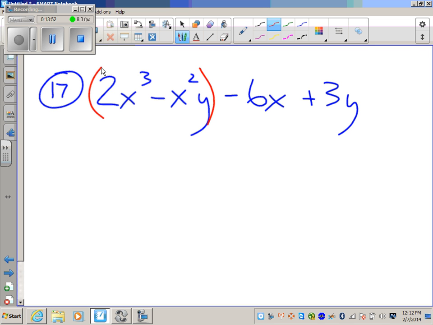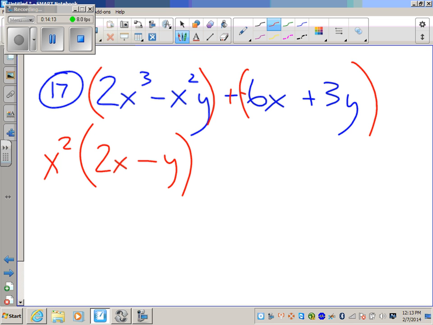What are we going to do with it? Make it a positive and put a negative in front of the 6. Okay? So here, this first one isn't going to really affect anything. X squared is the GCF, so I should have 2x minus y. Okay? If I get in this situation where I had to add that negative with a plus sign and everything else, just make this a negative. So between the 6x and the 3y, you'll be able to get a negative out of each of them. It's going to be a what? 3? Okay.